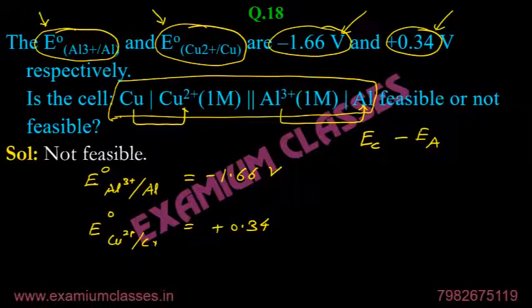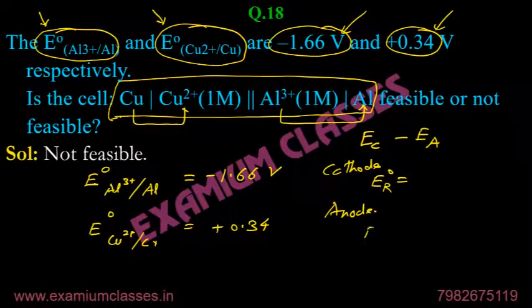Something more about it. Suppose it is not E cathode minus E anode, it is the electrode potential if we are talking about at cathode, and we are talking about at anode. At cathode, because reduction takes place, we will take E naught as it is, the reduction potential. But at anode, because oxidation is taking place, we can take the oxidation potential instead of reduction.